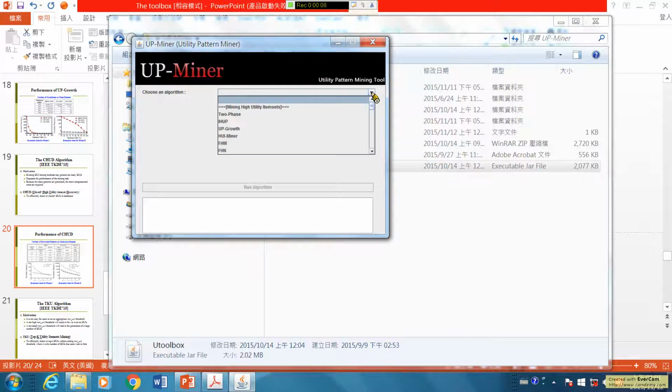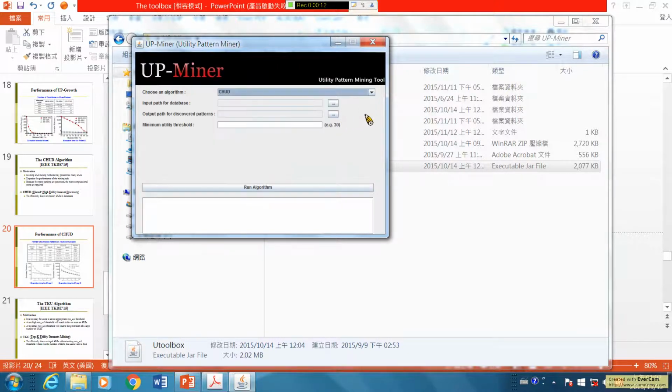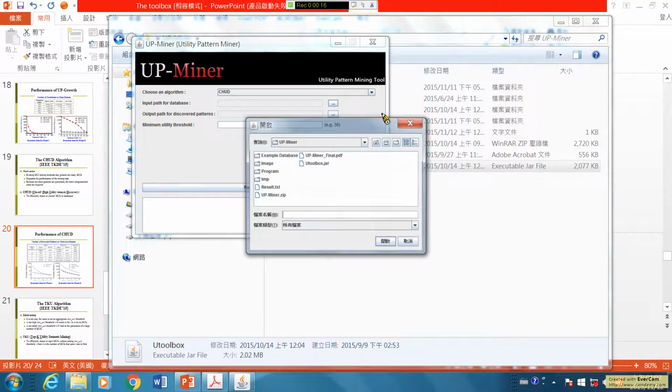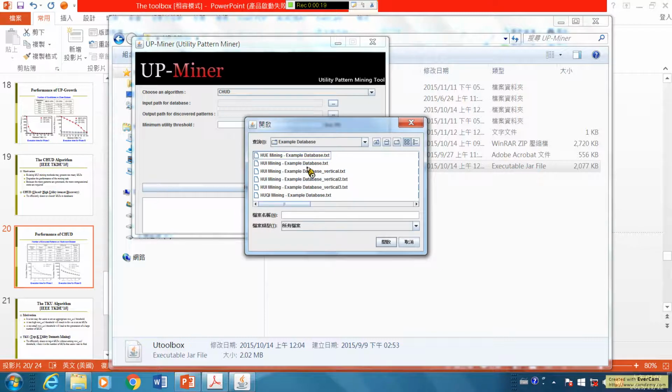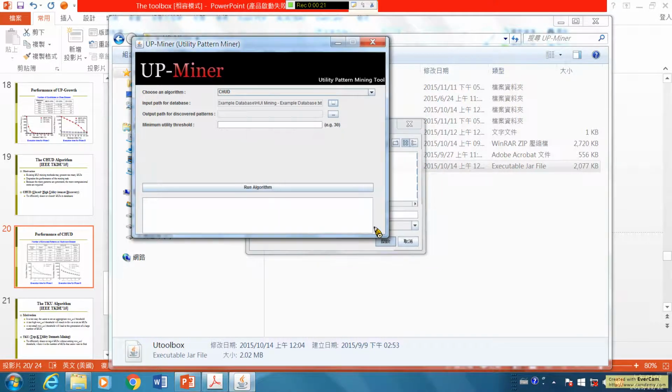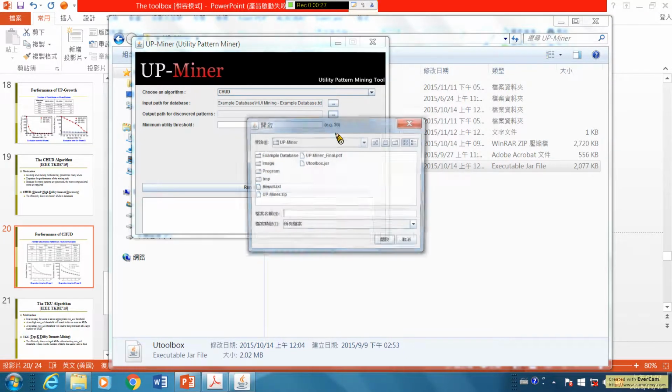First, we choose the algorithm. Then, we choose the input database. Then, we provide the output path for the discovered patterns.